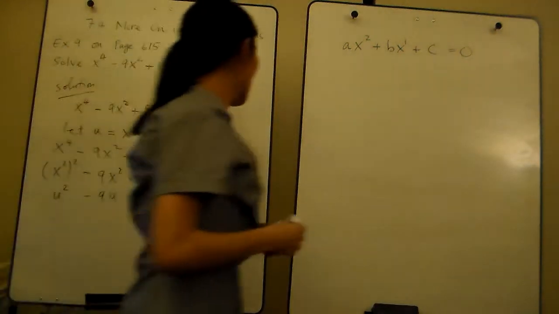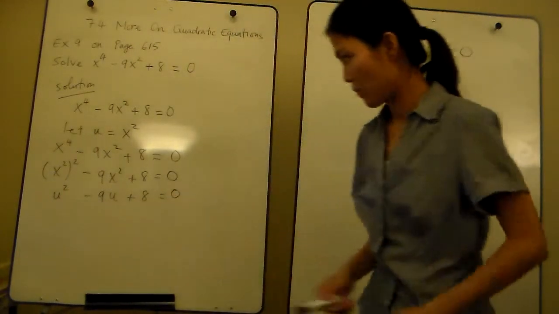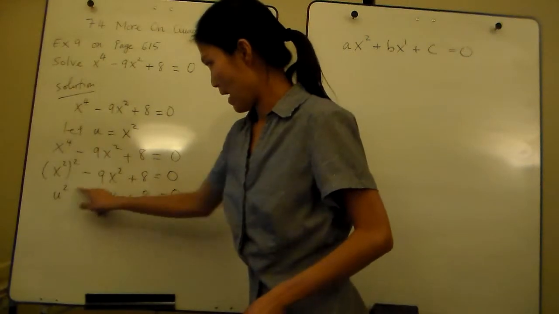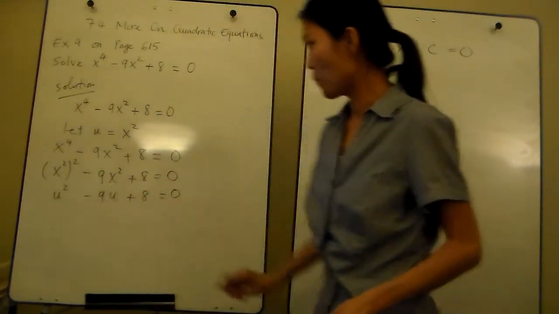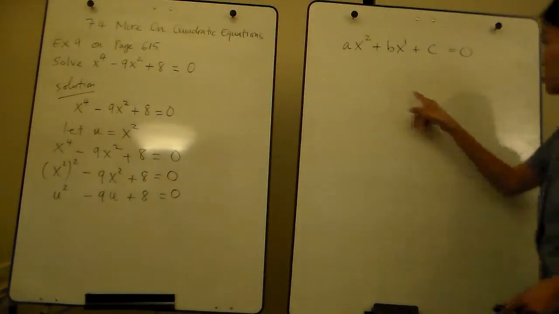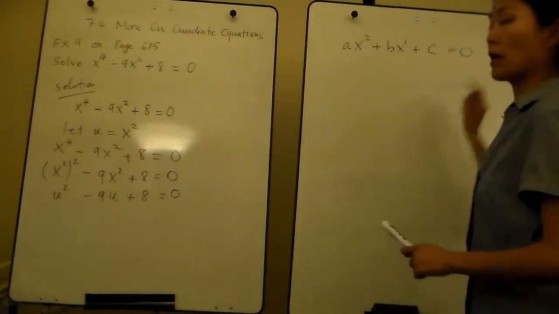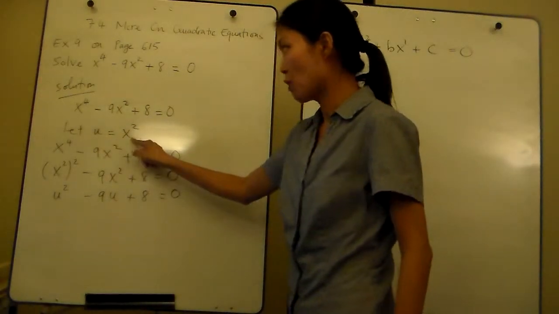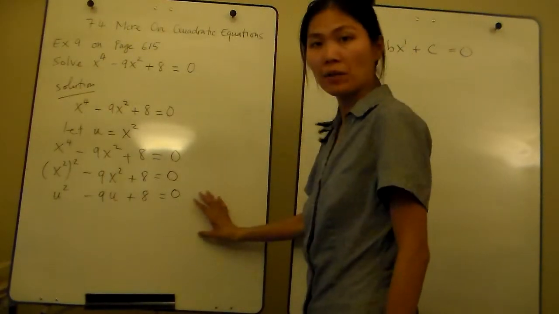Now, what you got is u squared minus 9u plus 8, and this exponent 1 and this exponent 2 differ by a factor of 2, which is similar to the standard form for the quadratic equation. So by letting u equal to x squared, we're rewriting this given equation as a quadratic equation.